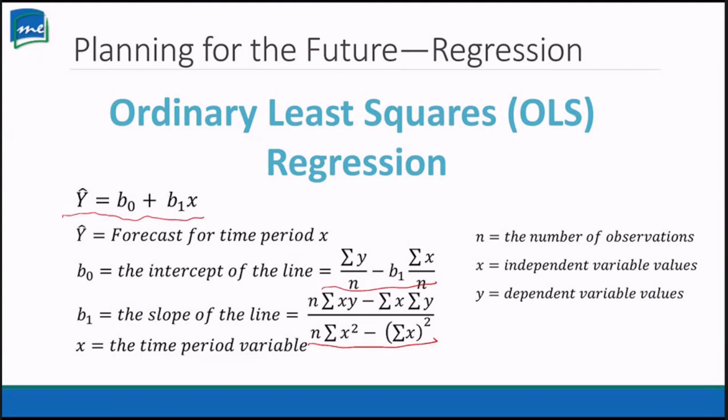The x and y are the variables, so we call x the time period variable and y the forecast for the time period x. In general, for a straight line formula, we call x the independent variable. The independent variable represents a quantity that is being manipulated in an experiment, and x is often the variable used to represent it in an equation.